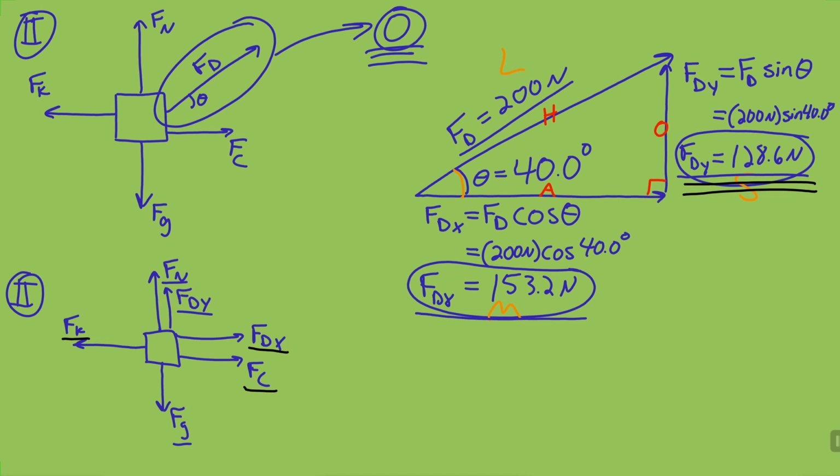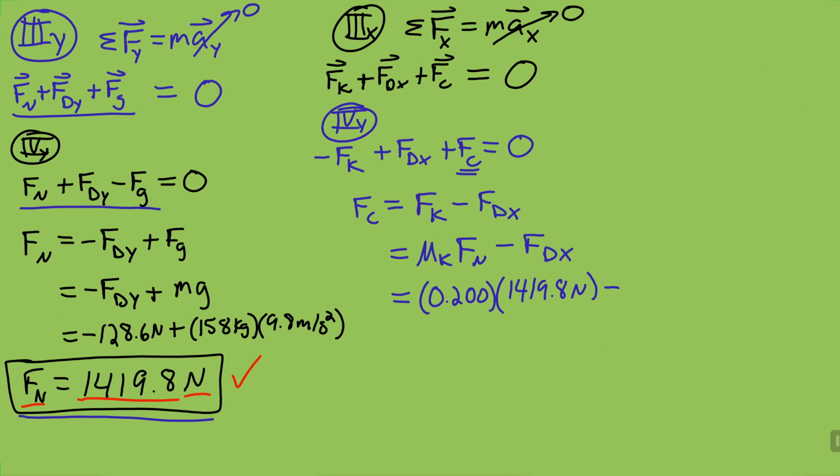And again, F sub dx, I figured that out right here. So that's a number I've known already. That's 153.2 newtons. If you do all that in your calculator, you're going to end up with F sub c is equal to 130.8 newtons.